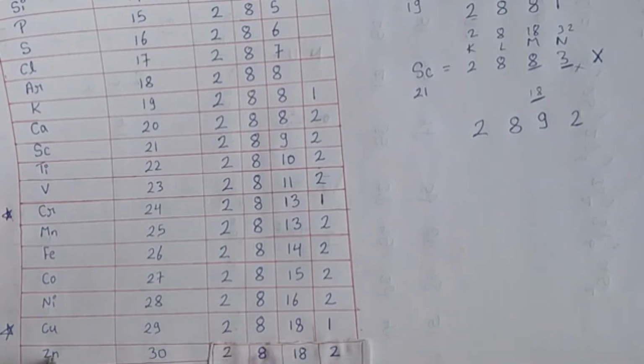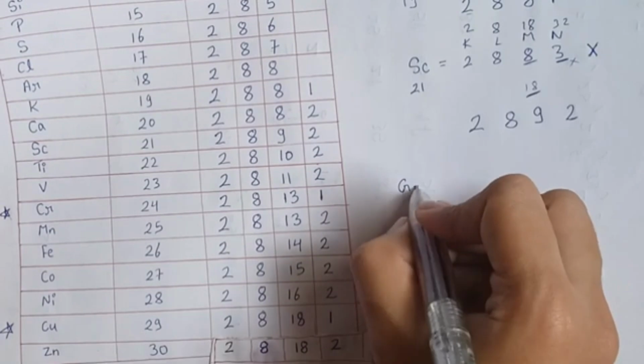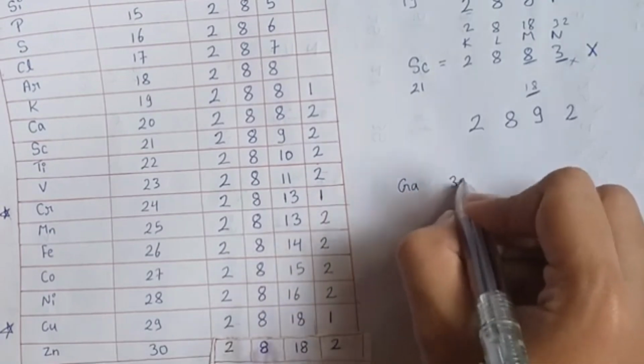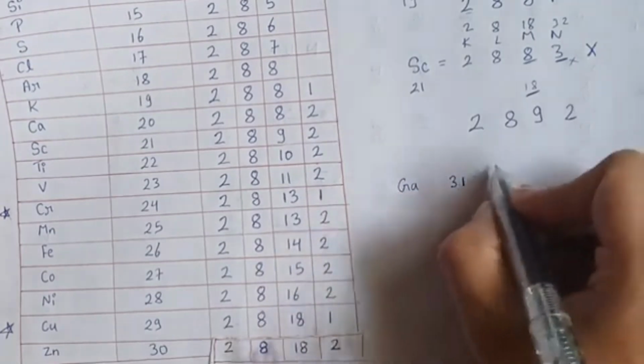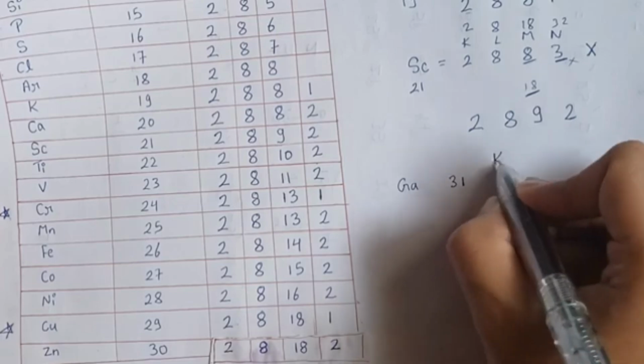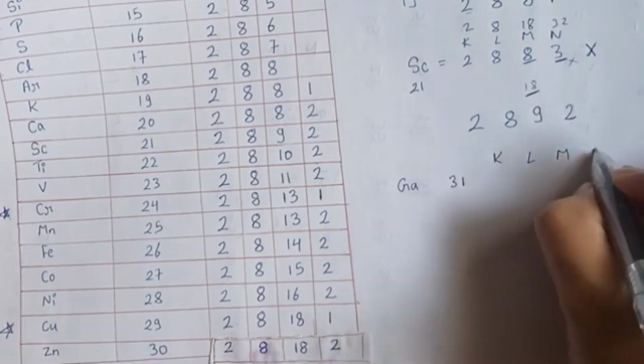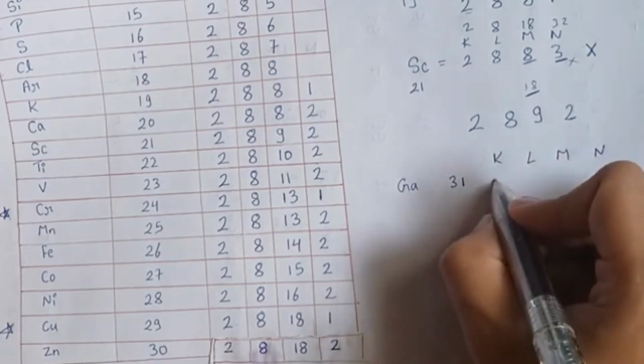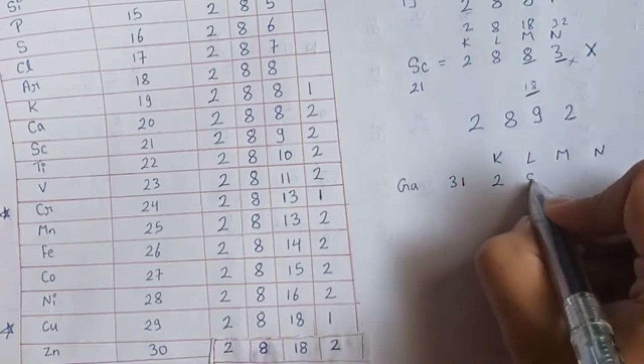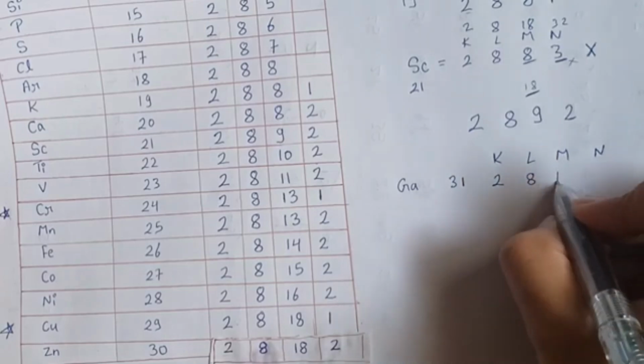So the 31st element, if you see, is gallium. So gallium atomic number is 31. How can you write for 31? You can take K, L, M and N shells. In K you need to have 2 electrons. In the L shell 8. In the M shell you have 18.